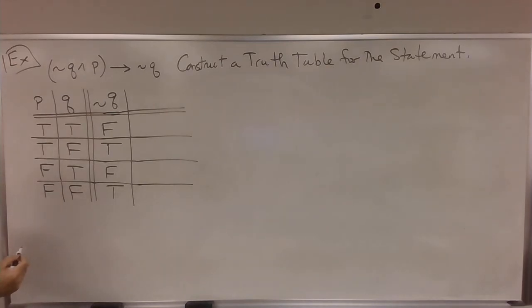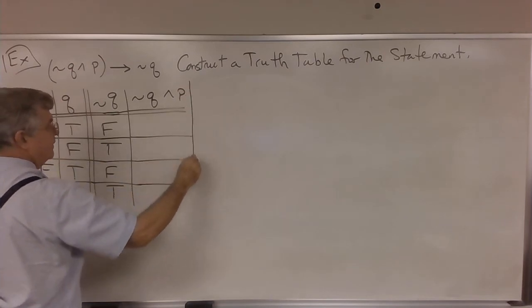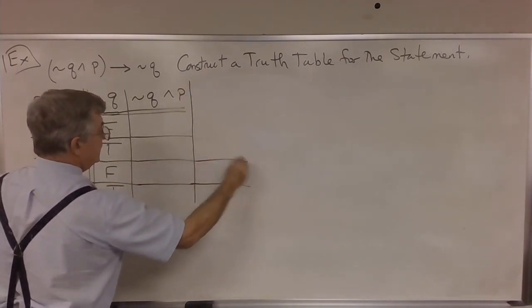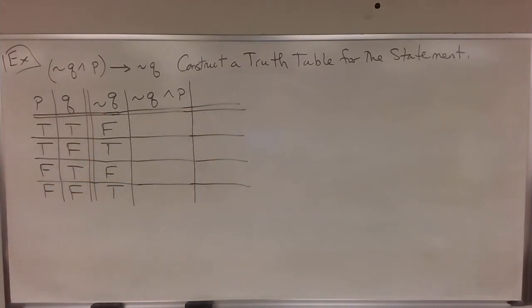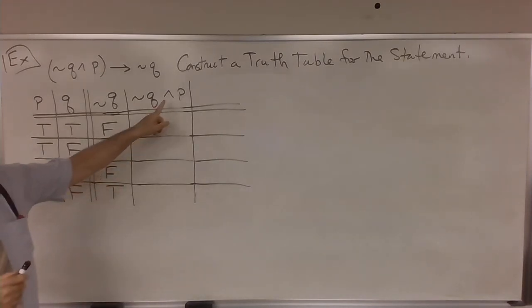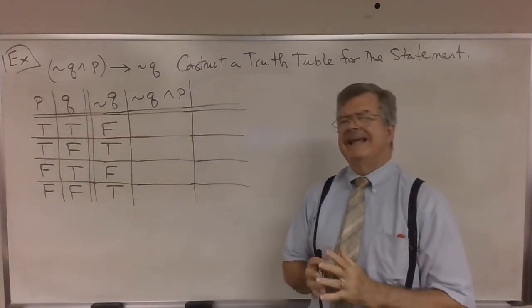Now I guess the next thing that we can do is do the truth value for not Q and P. This is an and statement. What's the special case for an and statement?